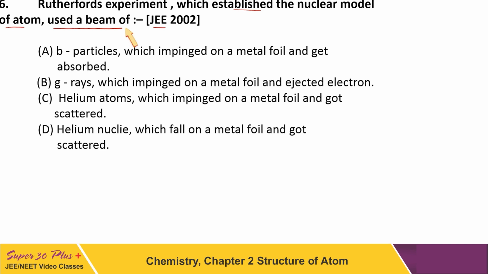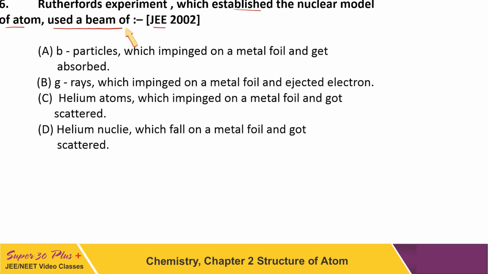Option number 1 says beta particle, which falls on the metal foil and gets absorbed. Definitely it was not beta particle. Second option says gamma rays, which fall over the metal foil and eject electrons. No, it was not the gamma rays.